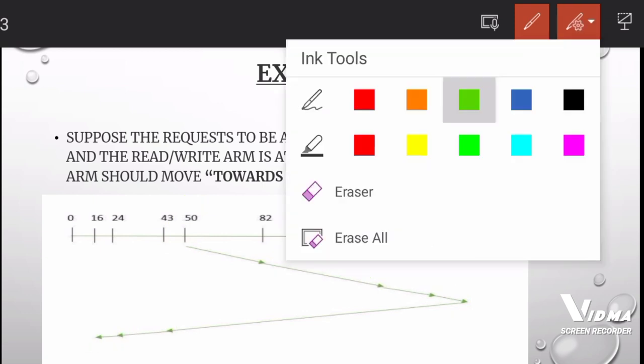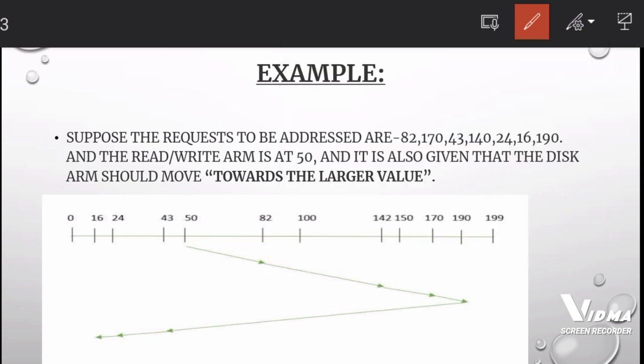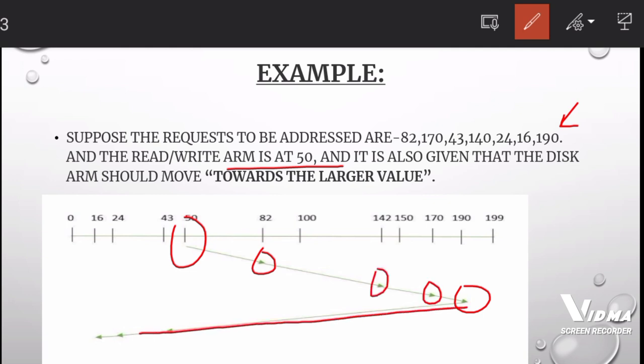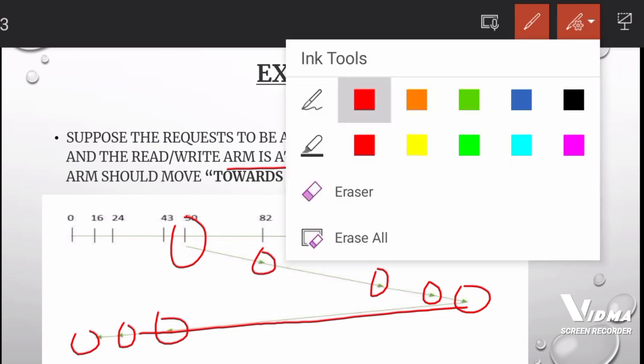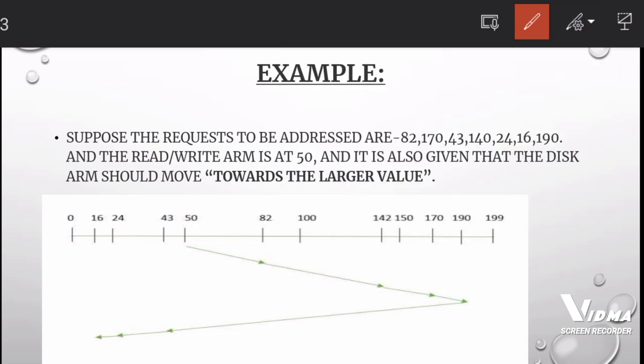First we have to start from 50 as it is given in the question, then we will go to the last request, meaning 190, and in between we will fill all the requests, and we will come backward by filling all the requests, meaning firstly we will fill 43, then 24, then 16. In this way the LOOK algorithm works.